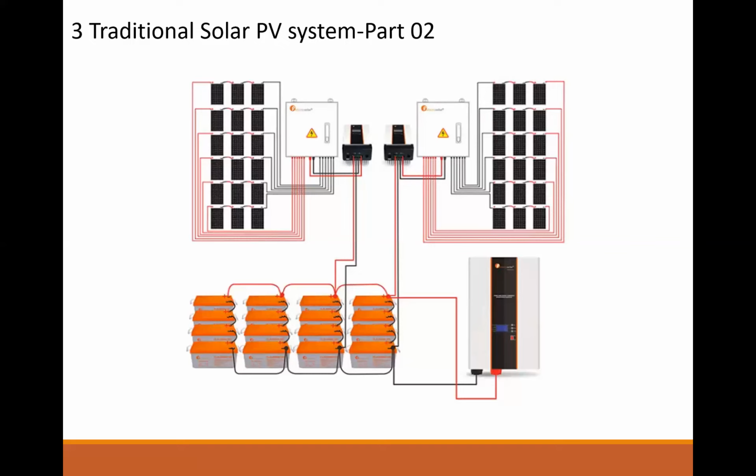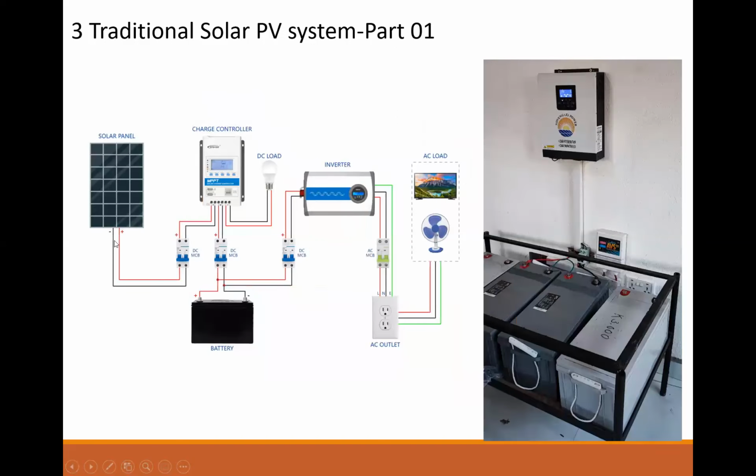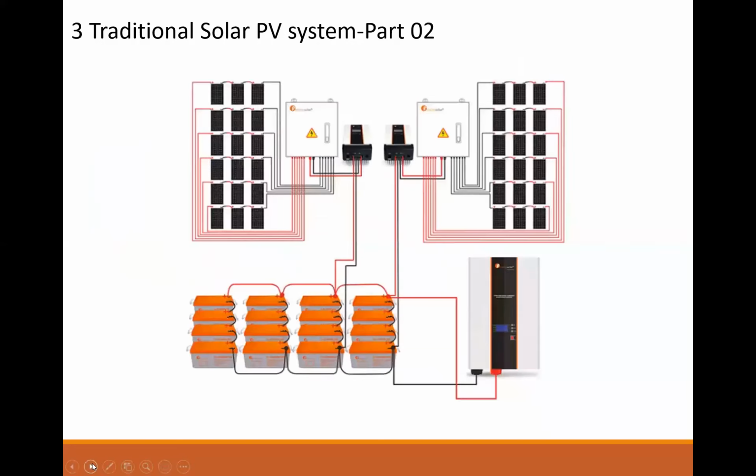And then when we look at this configuration, it's an advancement from the configuration where we have one panel, one charge controller, one battery, and an inverter. This is typical of a 12-volt system. Now, when we go further, this configuration gives you 2 or 4 batteries in series, and then a parallel arrangement of 4 lines of this battery.